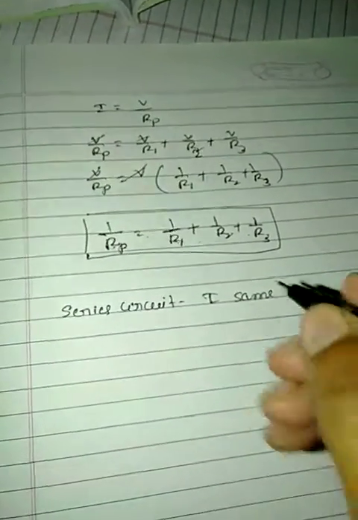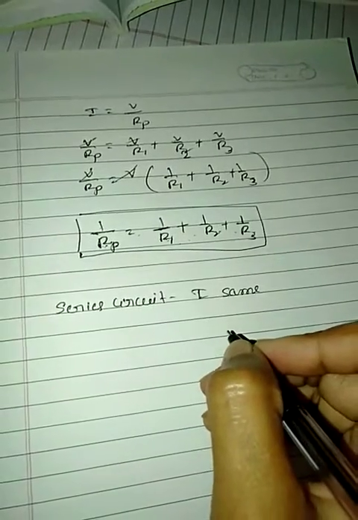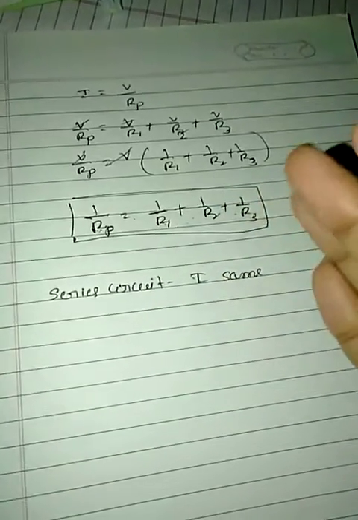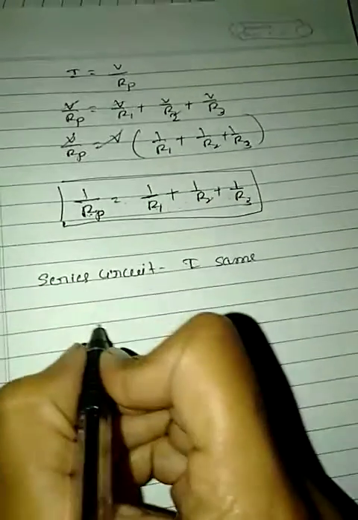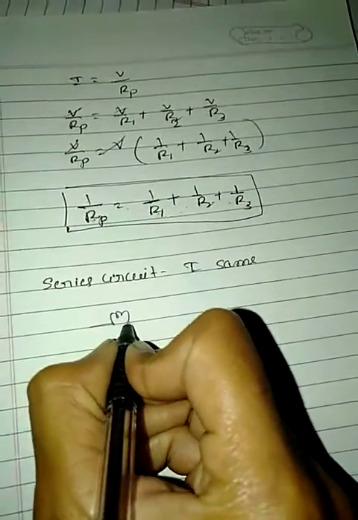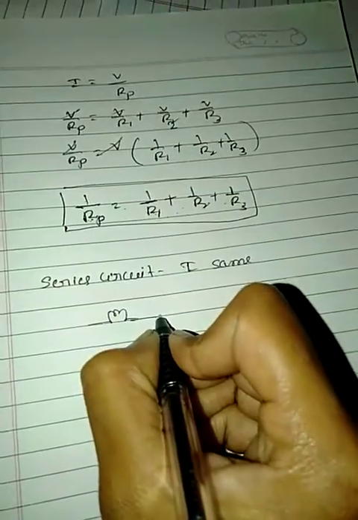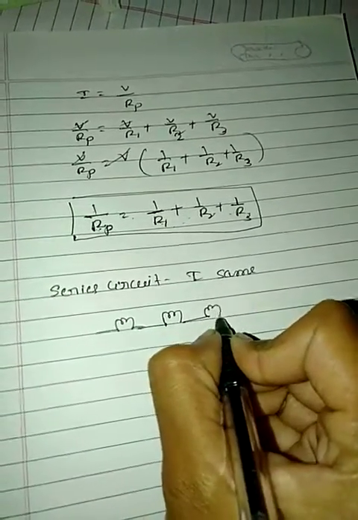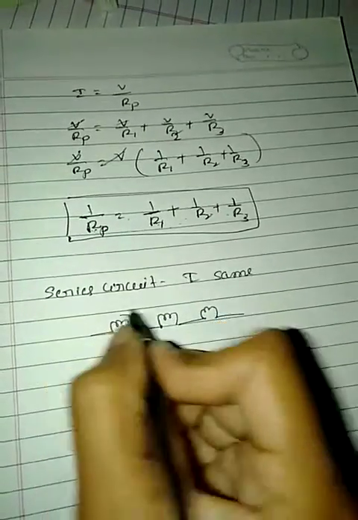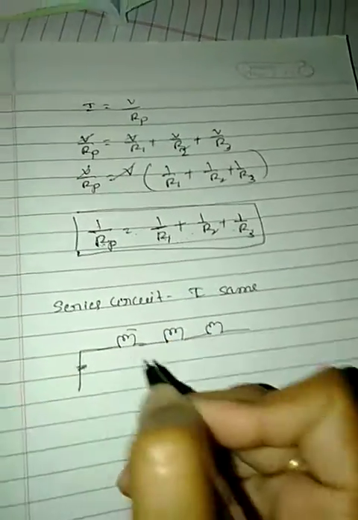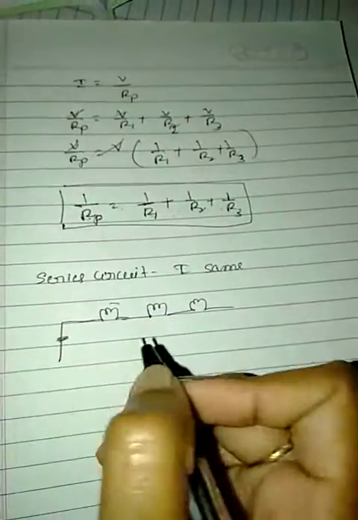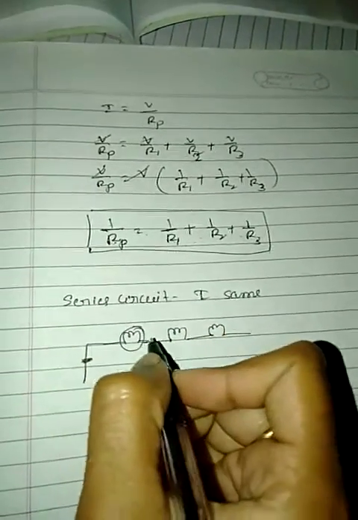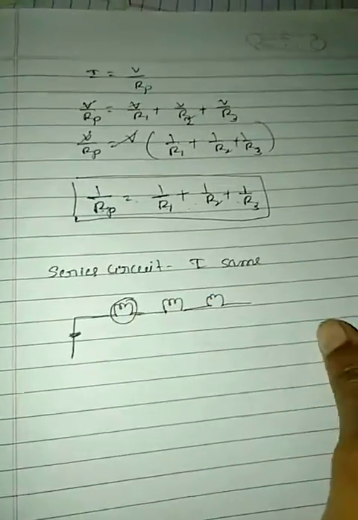Another major disadvantage of a series circuit is that if one component fails to work, if the bulbs are connected in series and the circuit is broken here, the bulb is off.